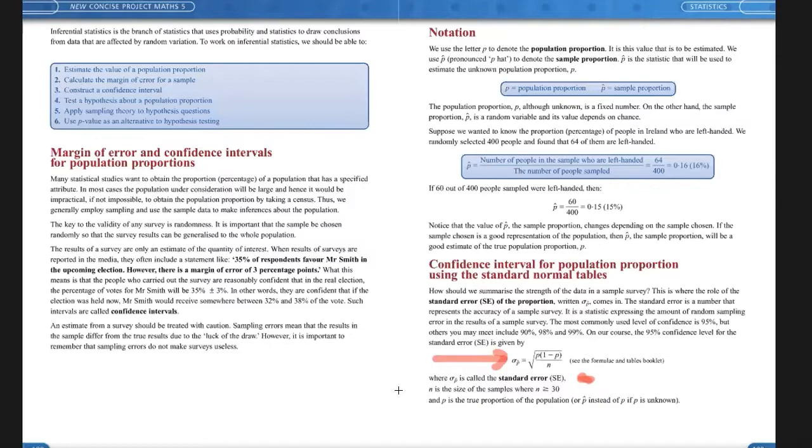Okay, typical sample size in any stats is greater than 30. 30 tends to be what's considered the smallest sample size that you can use. Don't get hung up between P and P hat. P is what we call the proportion of the population.